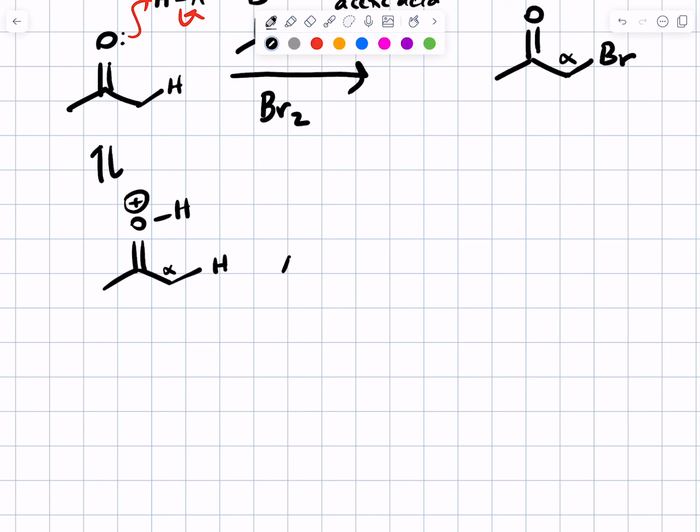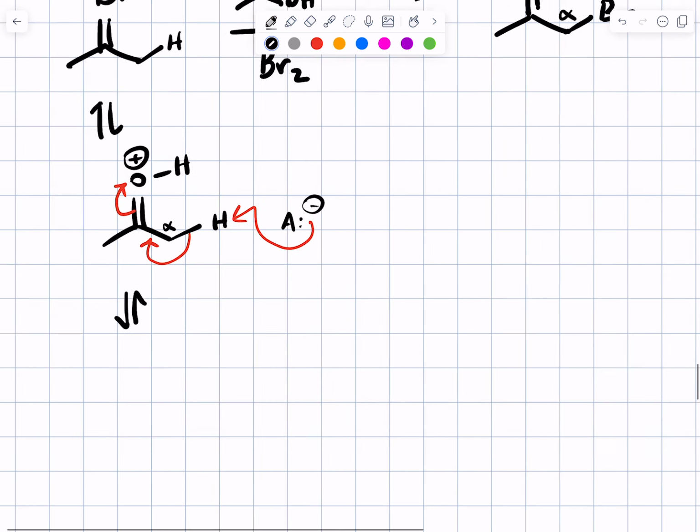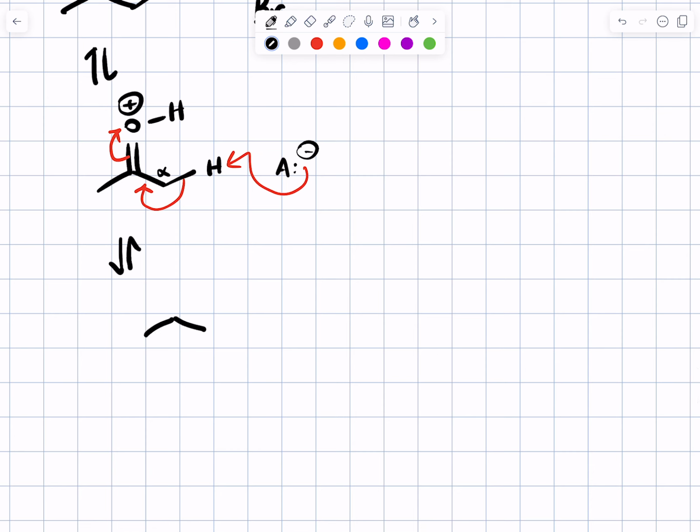So now even the conjugate base of our acid can remove the proton from the alpha carbon, and that actually finishes tautomerizing to the enol.